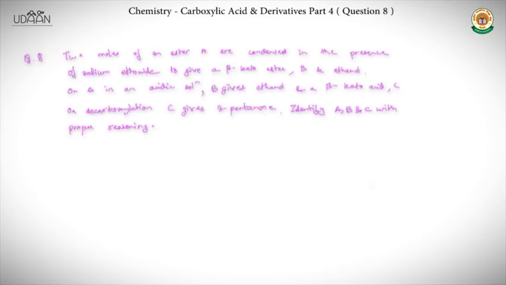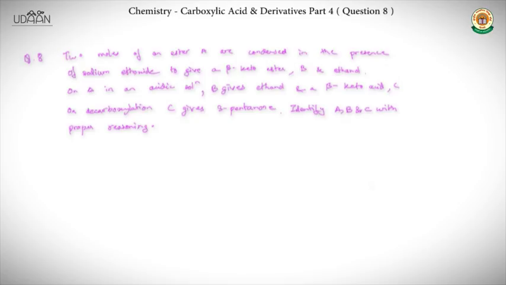We need to find A, B and C. So again, it's a typical paragraph question, and just by seeing the basics of the mechanism which we learned, we can do this question very easily.